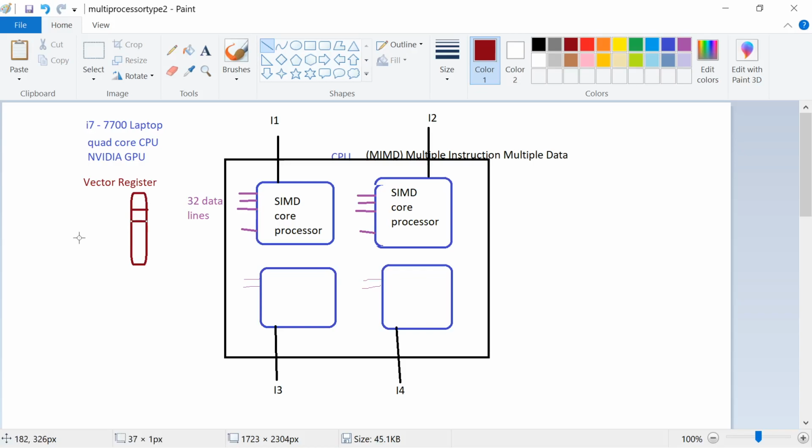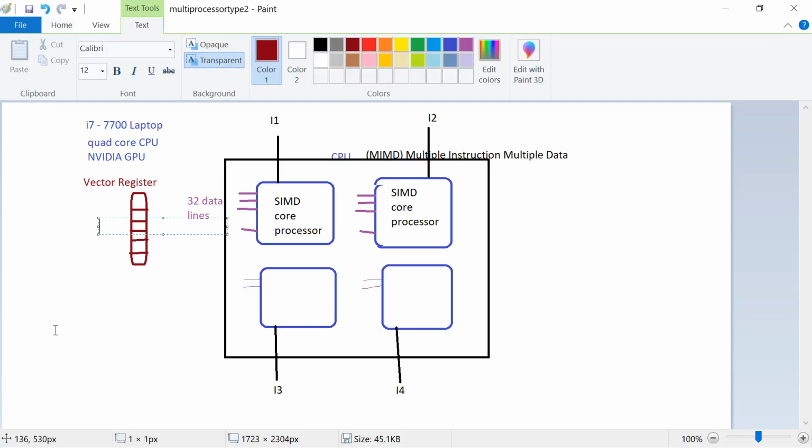So let us assume to store one number it takes 2 bytes. So to store 32 numbers, I will require a 64 byte vector register.